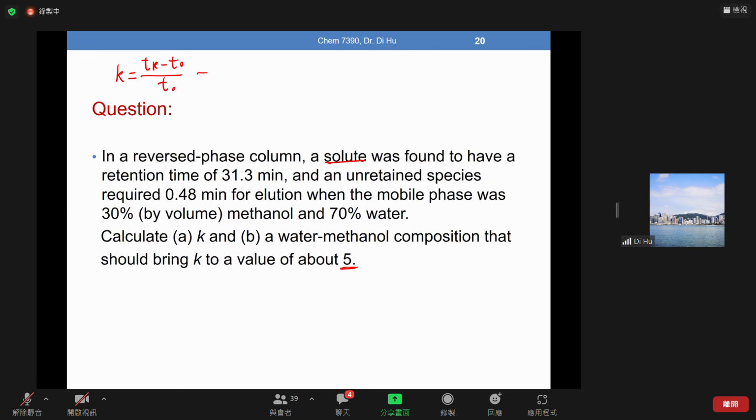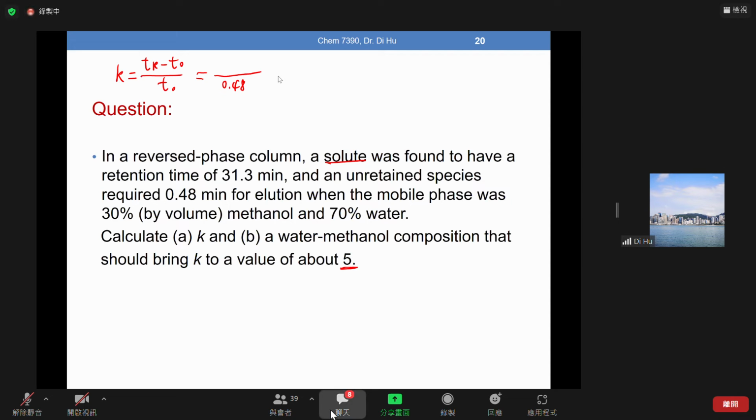T0 means the compound not retained, right? Okay, very good. So T0 equals 0.48. And then how about TR now?